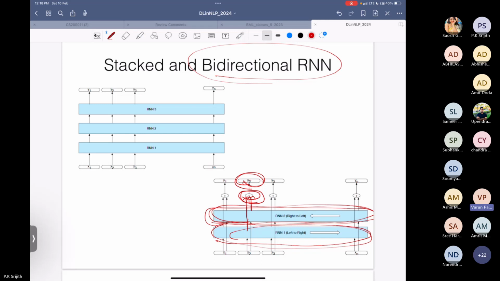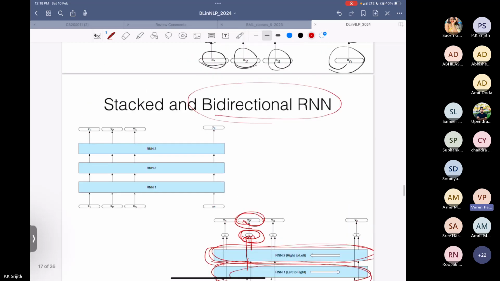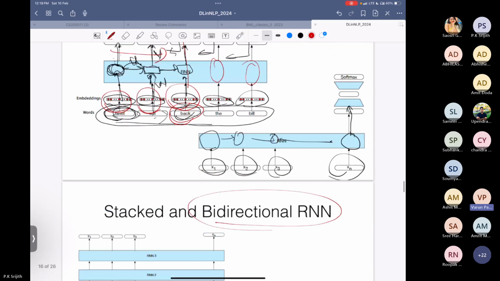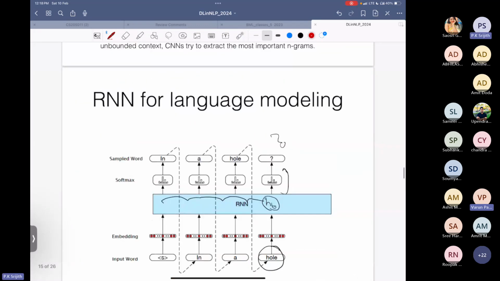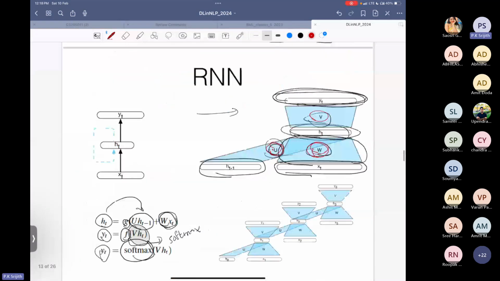Sir, what should we interpret from the hidden states at different time steps? In general, in RNN we have hidden states at each time step. You can think of it as a summary of what you have seen so far.